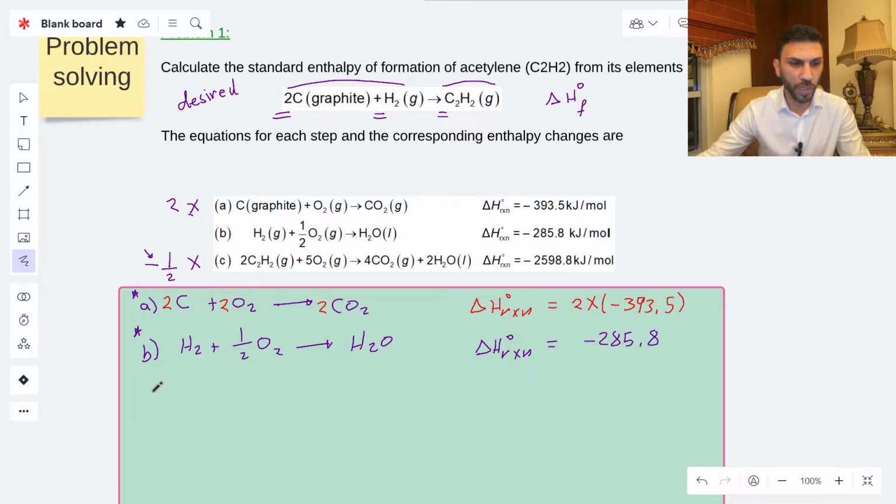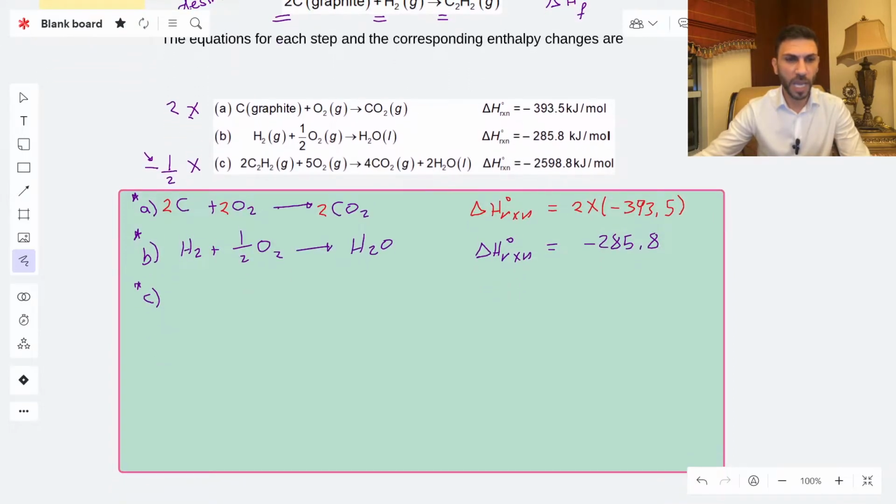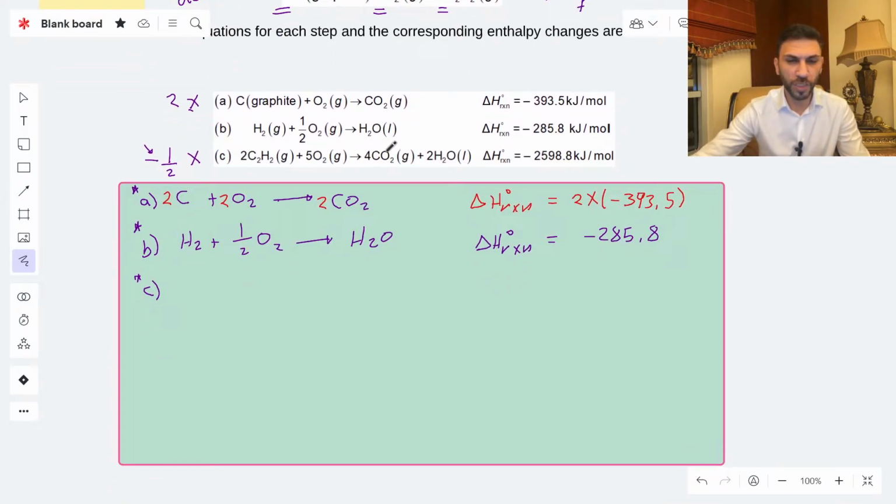So I'm going to rewrite reaction C, dividing everything by 2. It's going to be 2 carbon dioxide plus 1 H2O yields 1 C2H2 plus 5 over 2 O2.